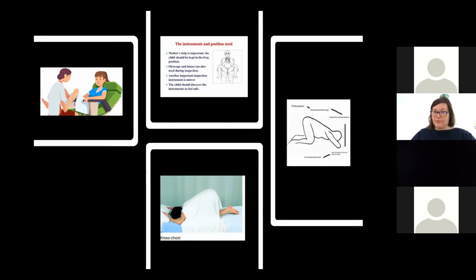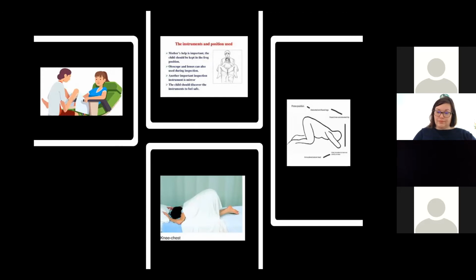We need to put the child initially into a position which helps us to perform the examination properly. One of these positions is the cubital position, which you can see on the right. That's the one which gives us the best visualization.